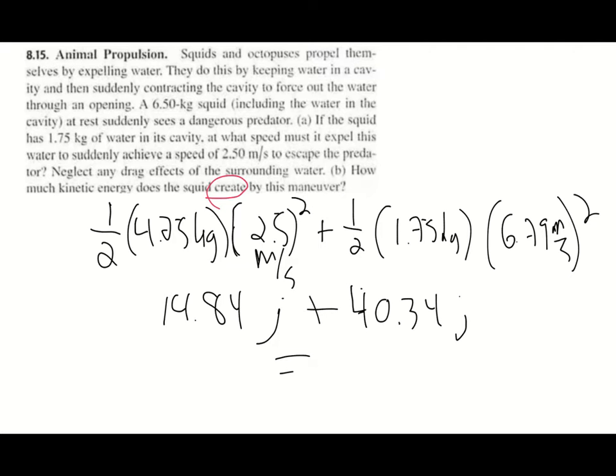We combine those together, it's 55.18 joules. And that's the amount of energy that we created or transferred from the squid's body to the water and to the squid's body itself, the actual motion of the squid in kinetic energy.